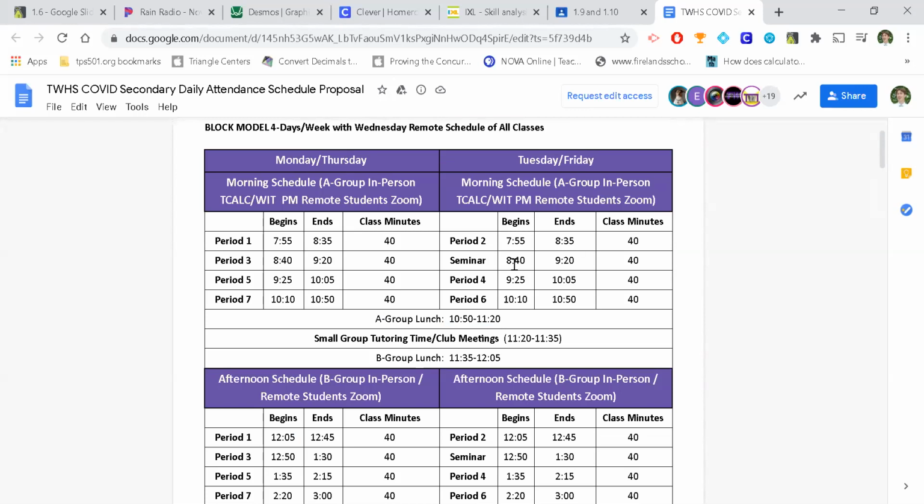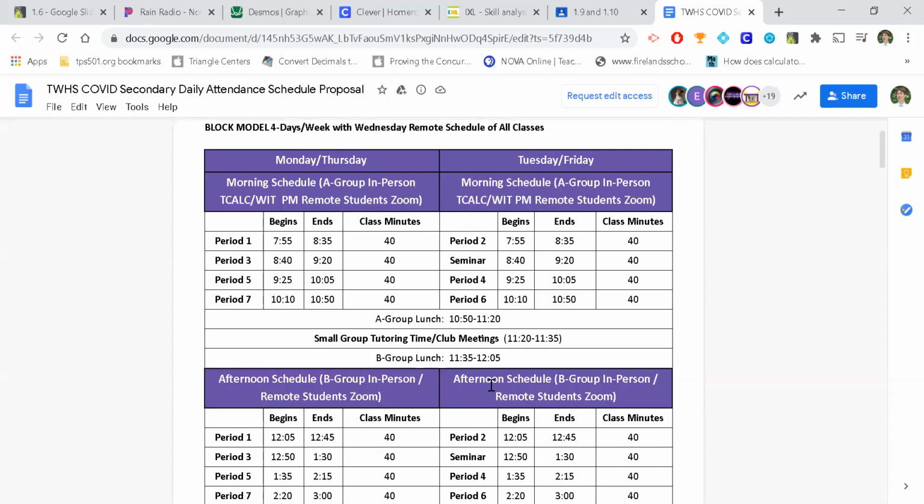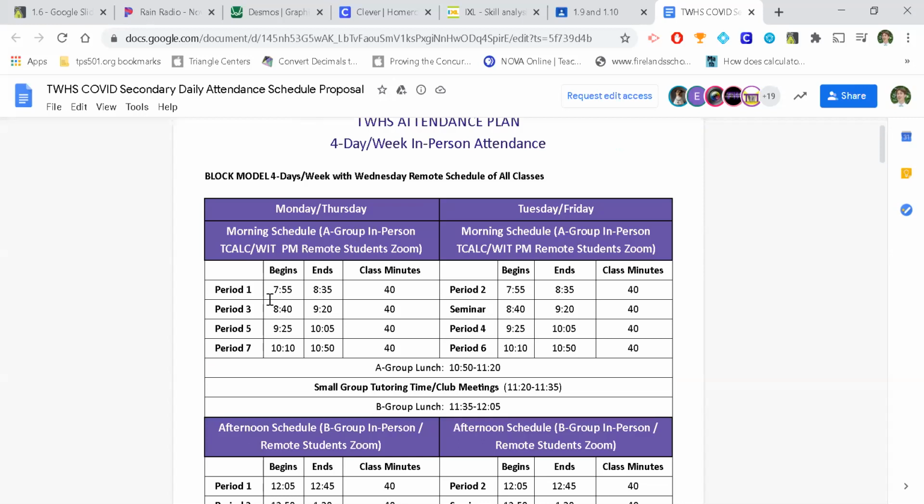Tuesdays and Fridays, similar times. If you're an A student, you'll go to your even classes instead. B group will go to their even classes. So basically, if you're an A student, you get to school at 7:55 and then you leave at 10:50 or 11:20. You leave after lunch. Mondays and Thursdays, you'll be doing your odd classes.